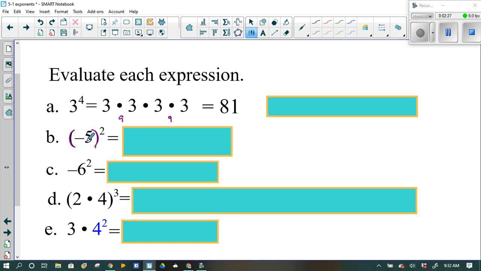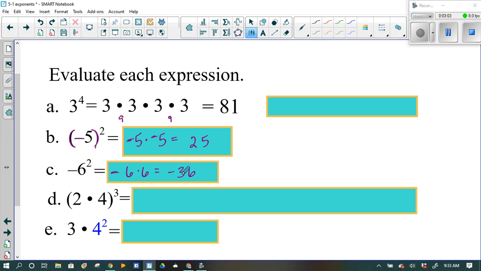For example, -5 in parentheses squared means -5 times -5, and a negative times a negative is positive. Okay, and then if there's not parentheses, then that just means -6 times 6, which is -36. Okay, so if the negative sign is inside the parentheses, then you write the negative sign however many numbers the exponent is. And if it's not, then the negative sign is only once.